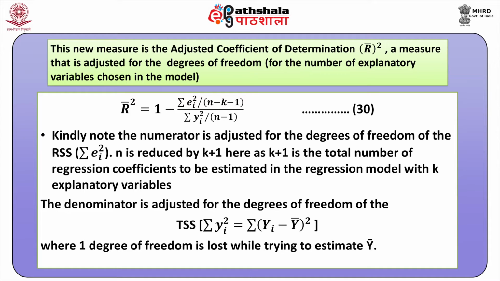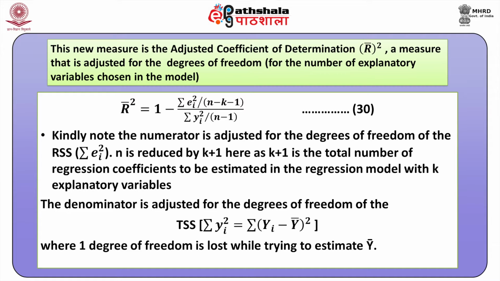R bar square is equal to 1 minus sigma ei square upon n minus k minus 1 whole upon sigma yi square upon n minus 1. Kindly note the numerator is adjusted for the degrees of freedom of the RSS, sigma ei square.